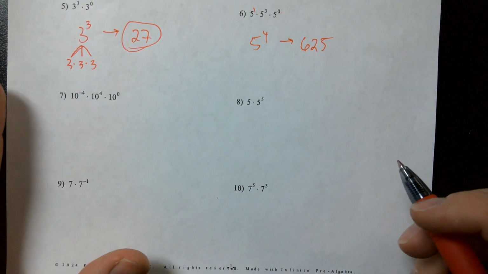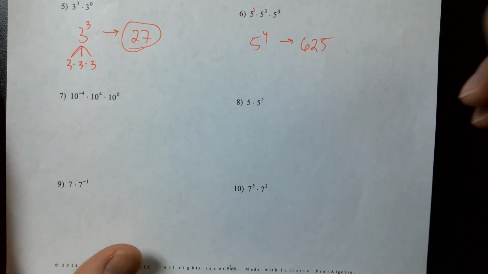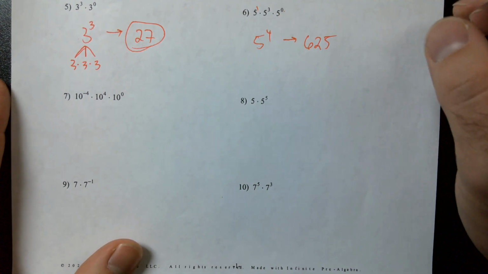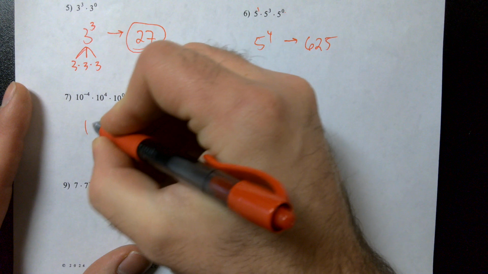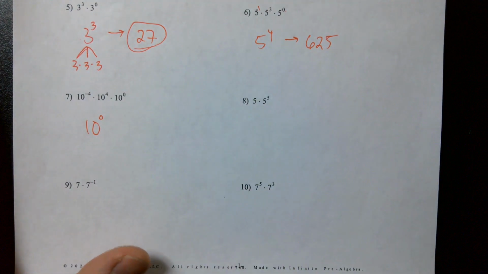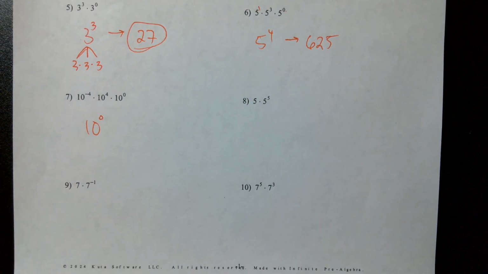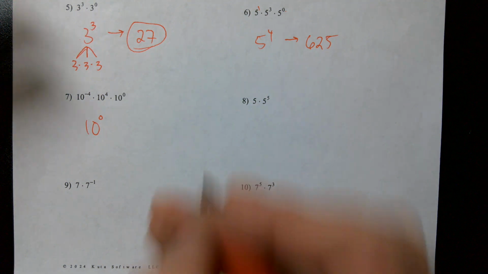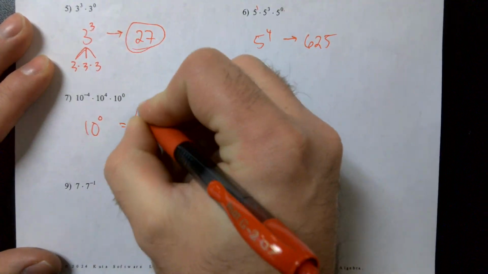Number 7, what do we get in number 7? 10 to the power of 0. Now, something we didn't talk about in our notes is that any number raised to the power of 0 is actually equal to 1.